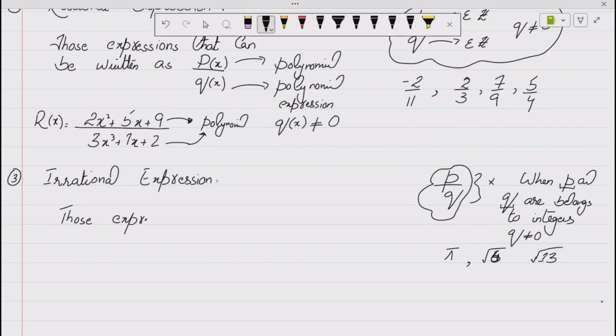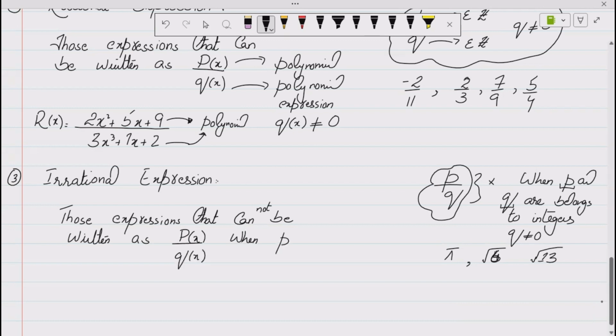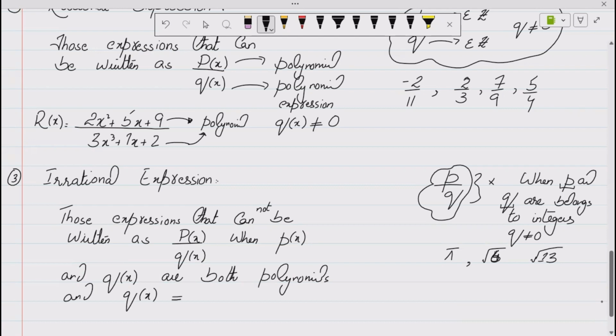Those expressions that cannot be written as p(x) upon q(x), where p(x) and q(x) are both polynomials and q(x) is not equal to 0.